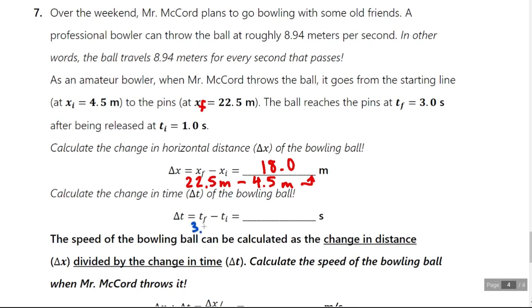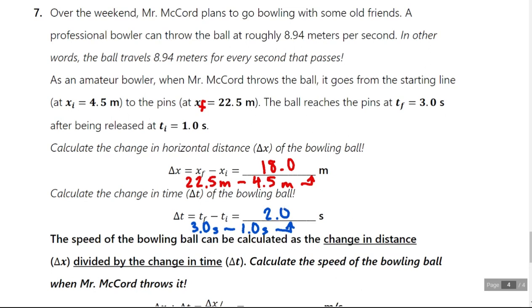So that's 3.0 seconds minus my initial time when I let go of the ball at 1.0 seconds. So the change in time is 3.0 minus 1.0, which is 2.0 seconds.